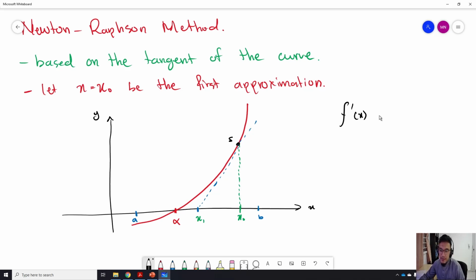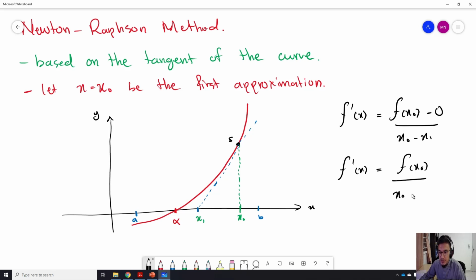So f prime is equal to f x naught minus 0 over x naught minus x1. This is just the formula of a gradient, where m equals y1 minus y2 over x1 minus x2. Then we have f prime x equals f x naught over x naught minus x1.